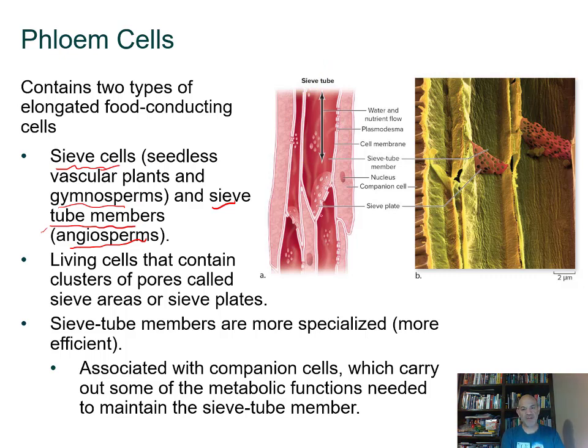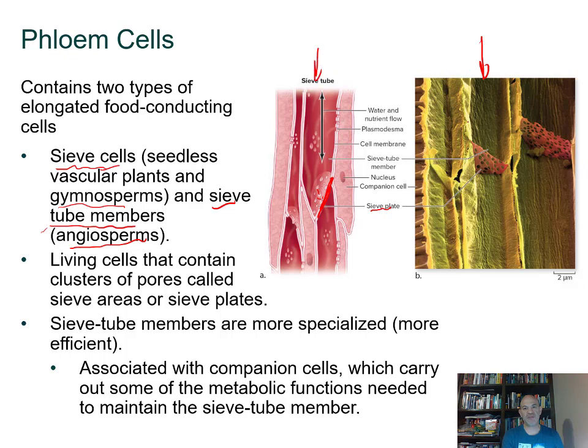Separating one cell from the next, they're going to have these plates, and the plates have these pores in them, and they act like a sieve. A sieve is going to prevent just anything from moving there. We want to keep the cytoplasm in one cell or the next. Okay, so this would be your sieve tube member for an angiosperm, and then that would be the same thing right here.